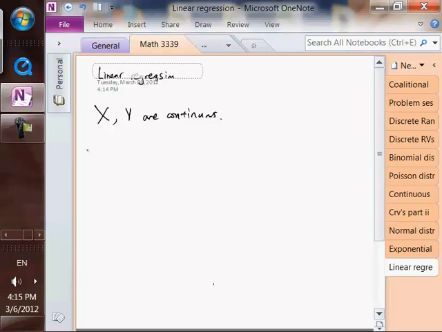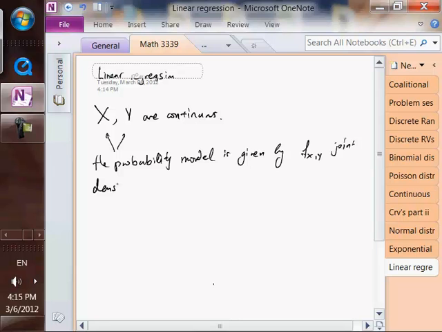Now, the first thing that we have to know is that when the two random variables are continuous, the probability model is given by the joint density.